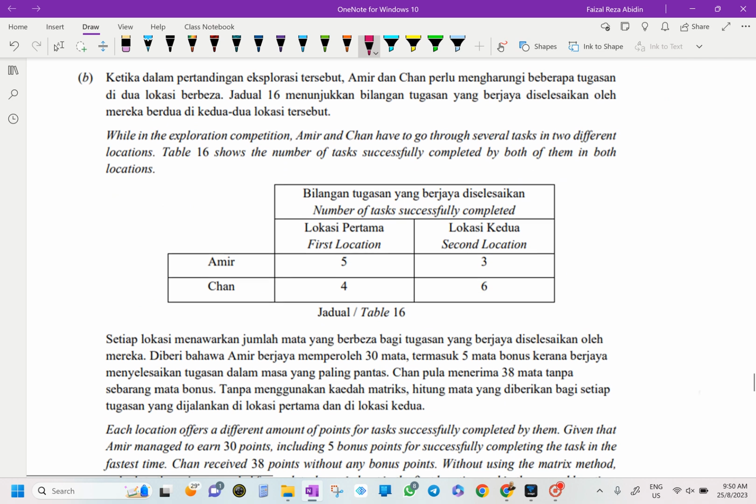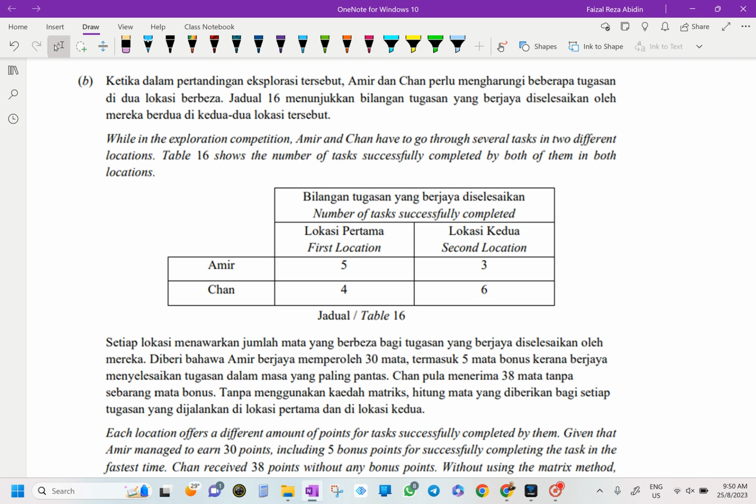Okay, we go for part B here. That's why I need to record, because how many of you only got it right? It's not fair. While in the exploration competition, Amir and Chan have to go through several tasks in 2 different locations.